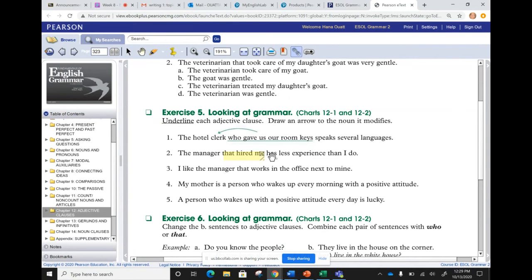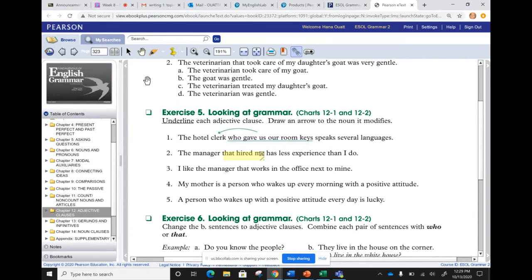Okay. Now, did anybody underline all of this, has less experience than I do? Anybody? No. Okay, good. That's a common mistake that students make. They think, oh, so I'm going to start with that and go all the way to the end of the sentence, but that's not always correct.